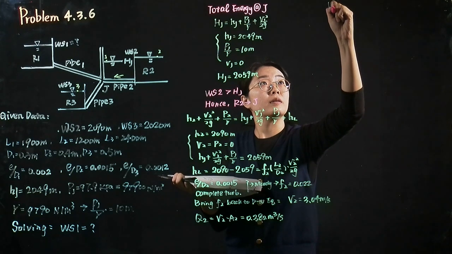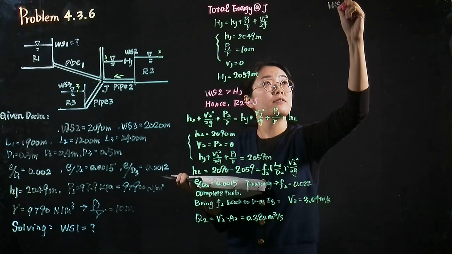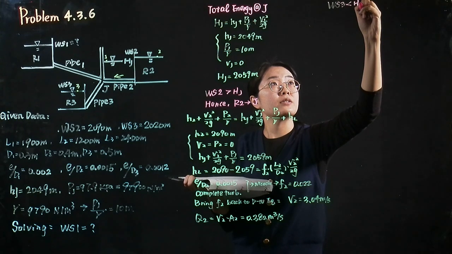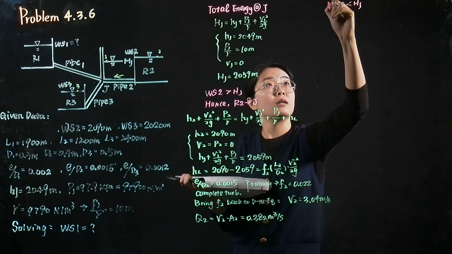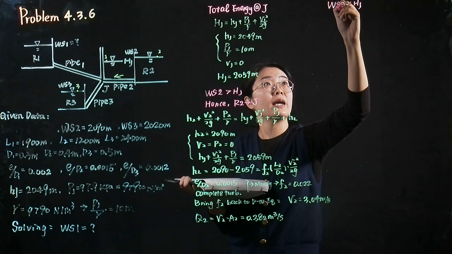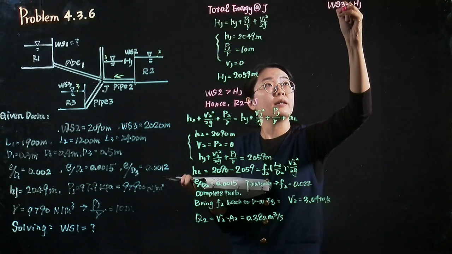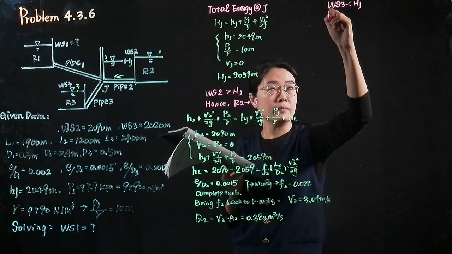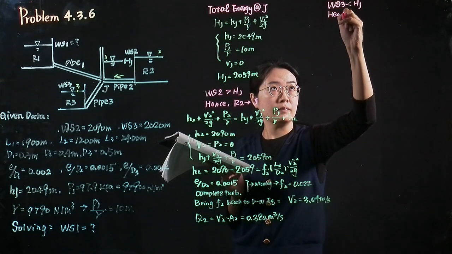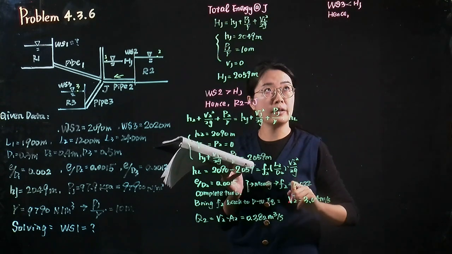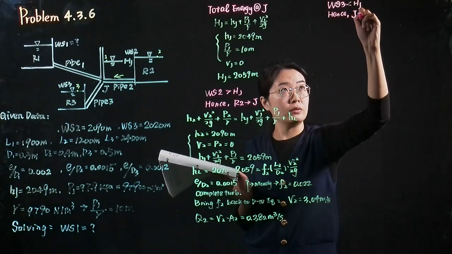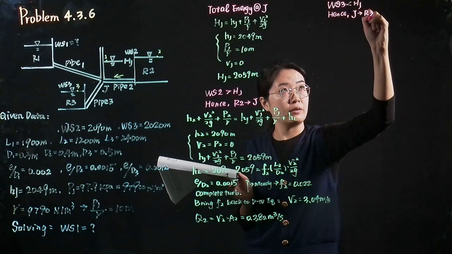Because the elevation of the water surface in reservoir 3 is smaller than the total energy at point J, the water flows from point J to the reservoir 3.